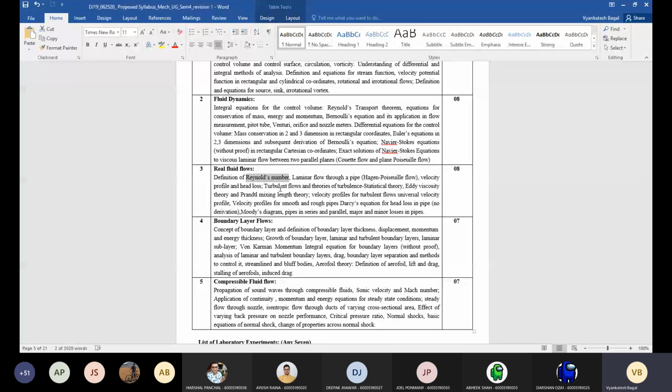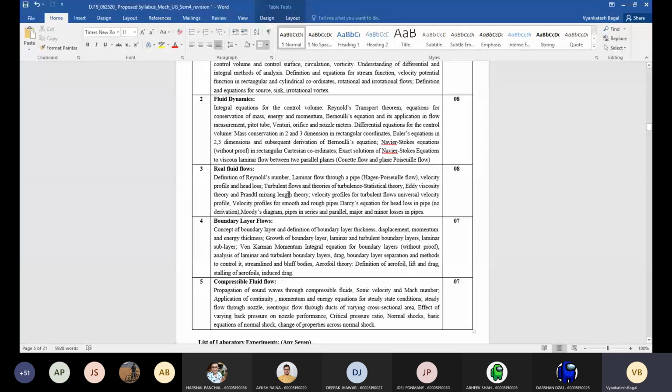Fine. And then we'll study the laminar flow through a pipe, then the velocity profile and head loss, how the velocity is distributed within the pipe. What is the nature of the velocity distribution within the pipe, how the flow is developed, how the velocity profiles are developed in case of fully developed flow, all that we are going to discuss.